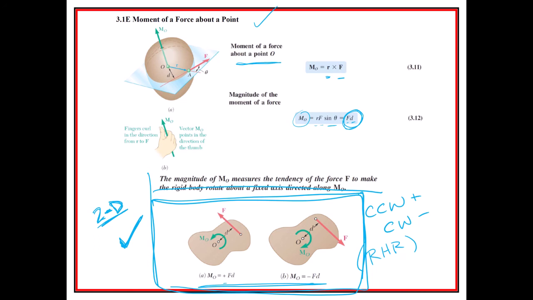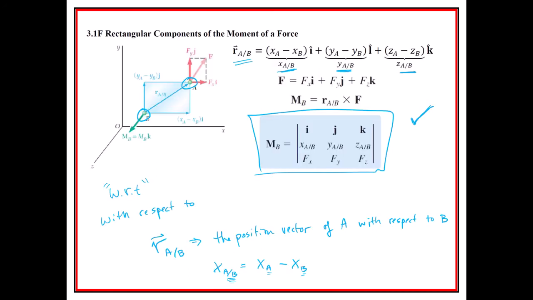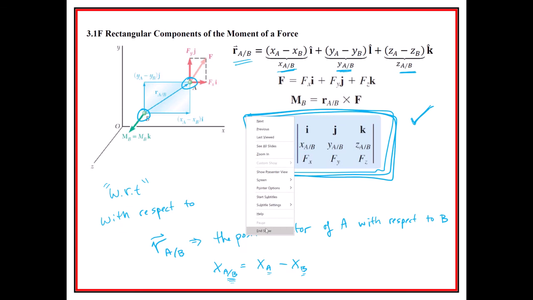The book decides to just use the idea of equivalent moments. That's fine, but I want to emphasize the free body diagram context. We could also find the equivalent moments in a more complicated context by applying this right here. So that's going to be the fourth sample problem. The first three are going to be simply the application of a two-dimensional problem. So that's the lecture. Hopefully it'll take shorter in class.